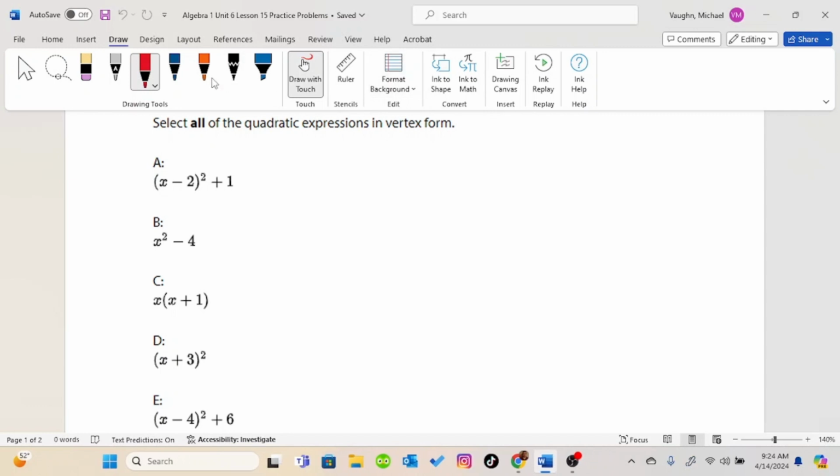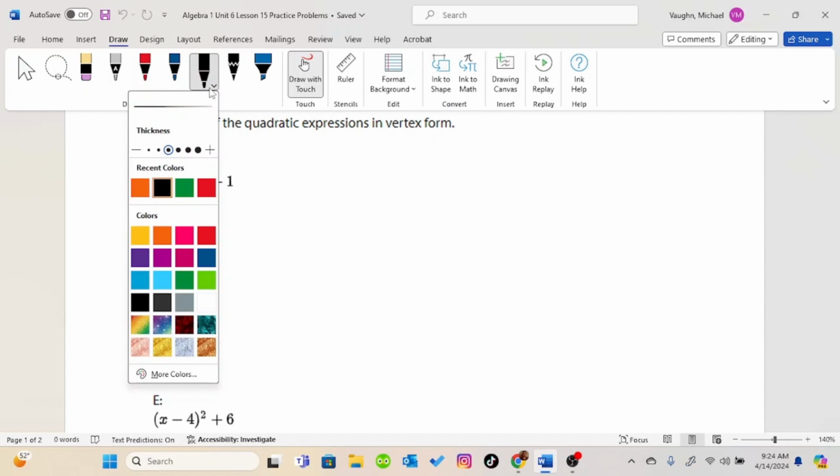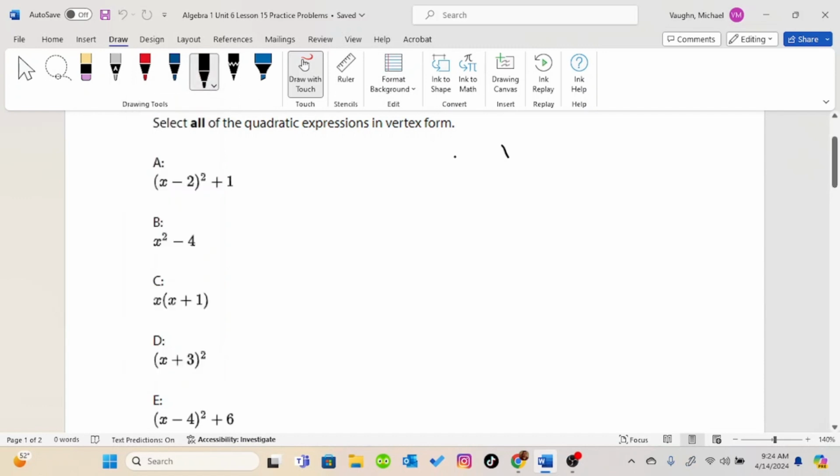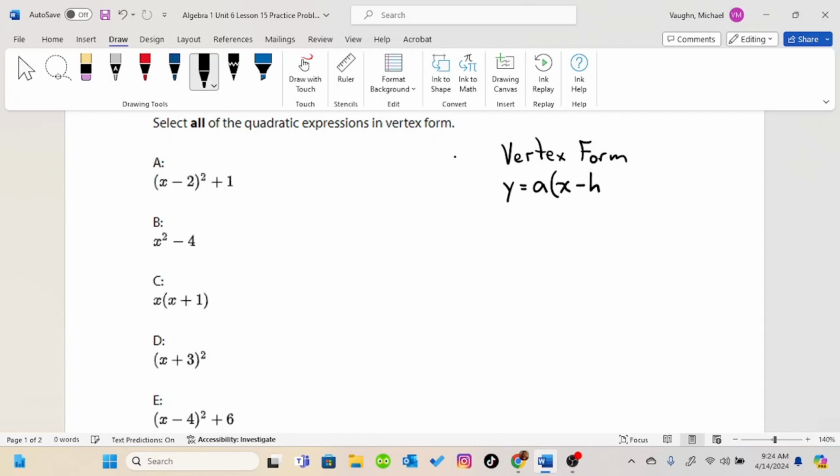So as we look at this, understand what vertex form looks like. Vertex form is in the format of y equals a times x minus h squared plus k.